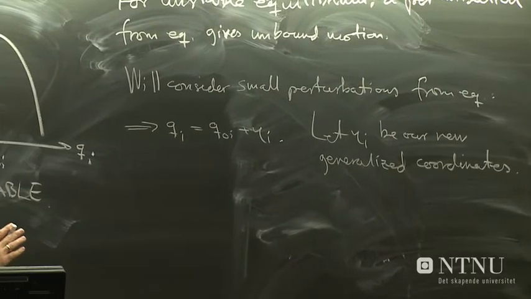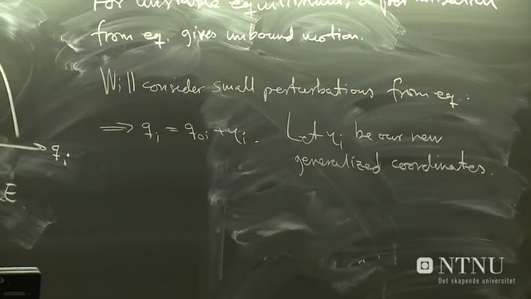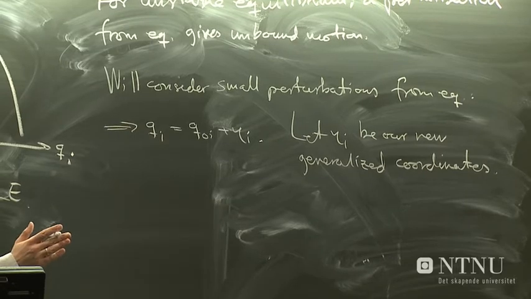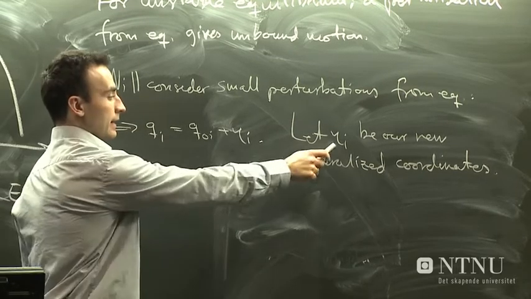So to get an idea of how the system will behave as we perturb it, we'll perform a Taylor expansion of the potential energy in this parameter.